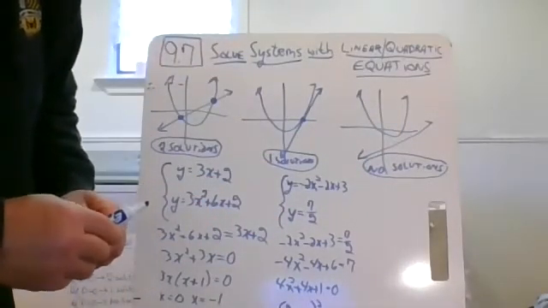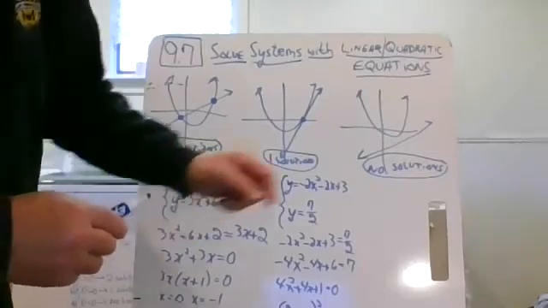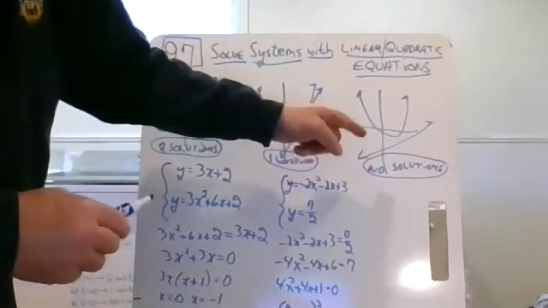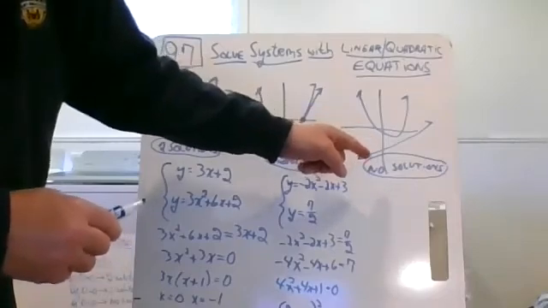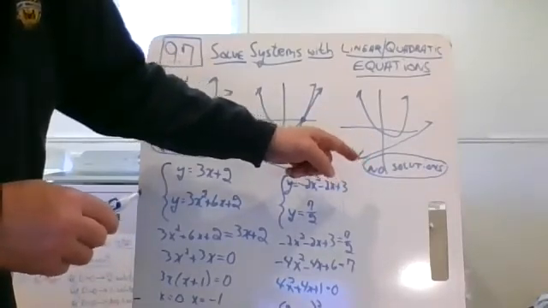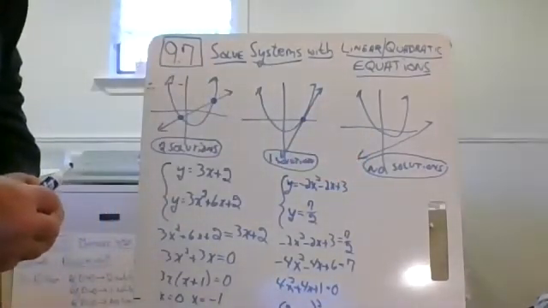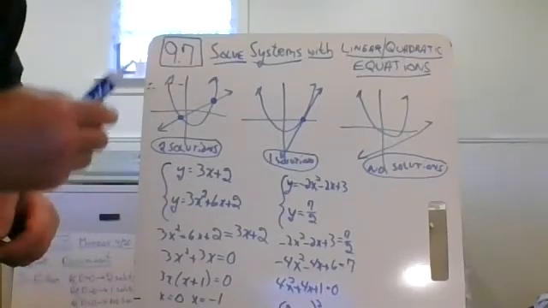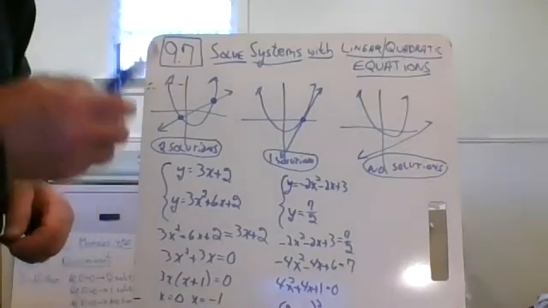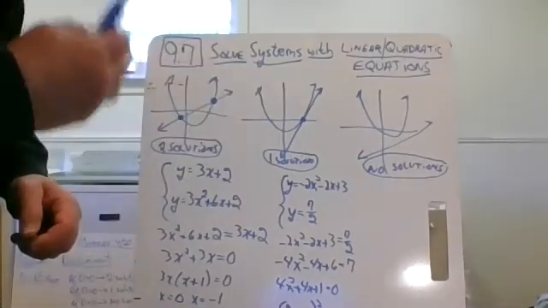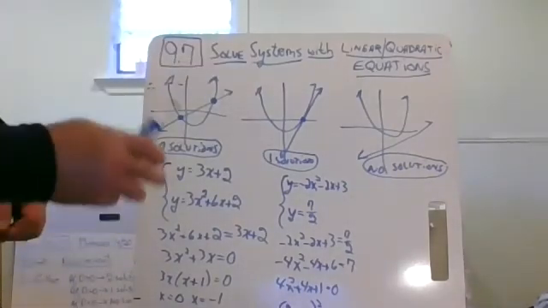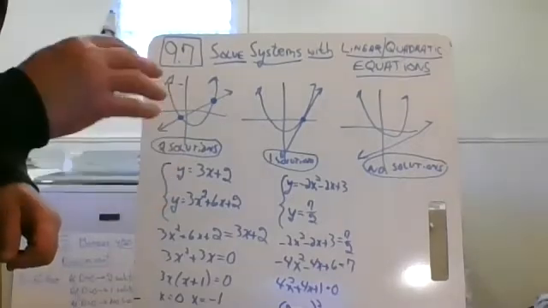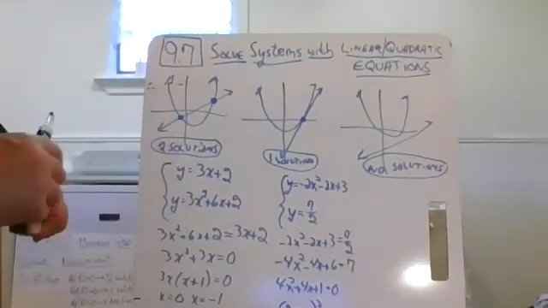There are no points of intersection, so there are no solutions to this linear quadratic system. All right, so those are the 3 possibilities. 2 solutions, 1 solution, and no solution. It's kind of like what we just did with discriminant. Only now this is different. This is a system of a linear with a quadratic.